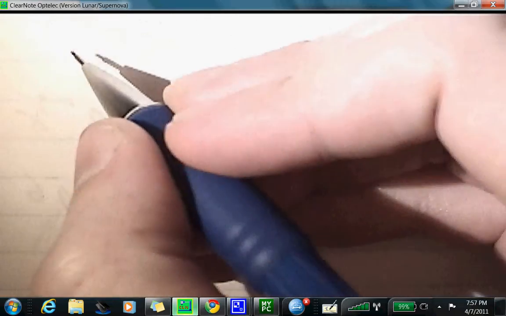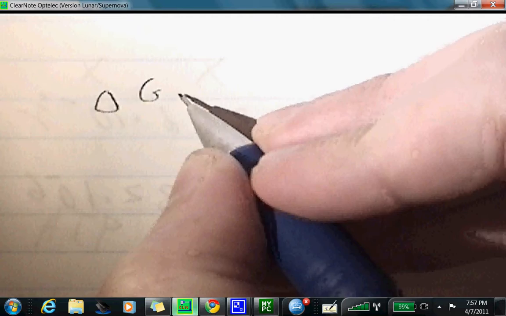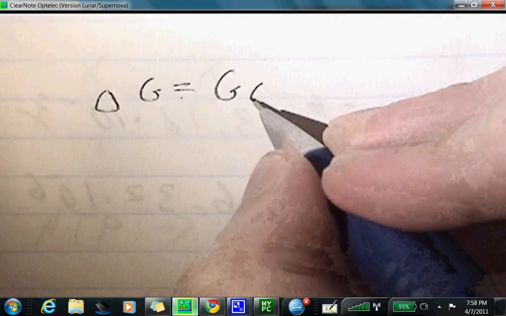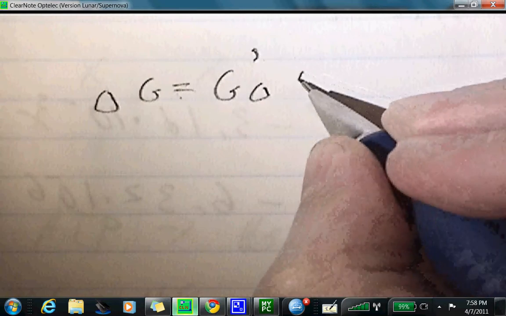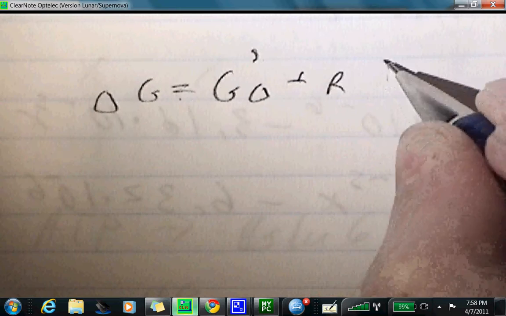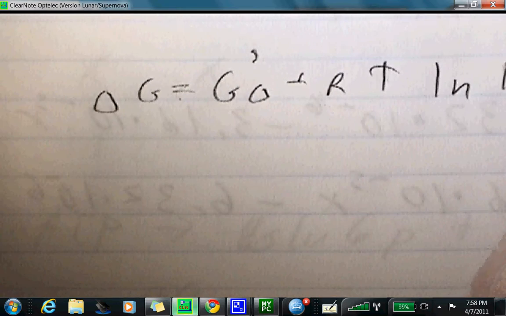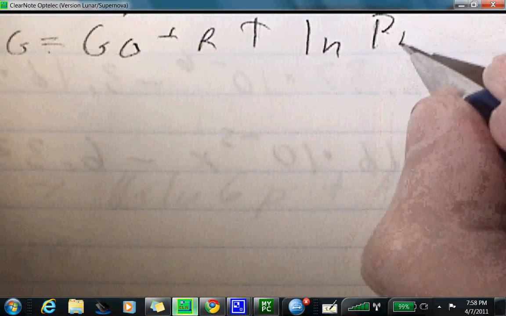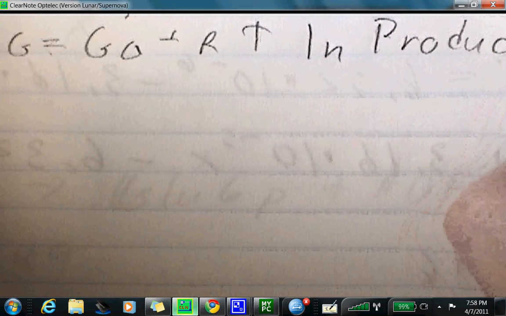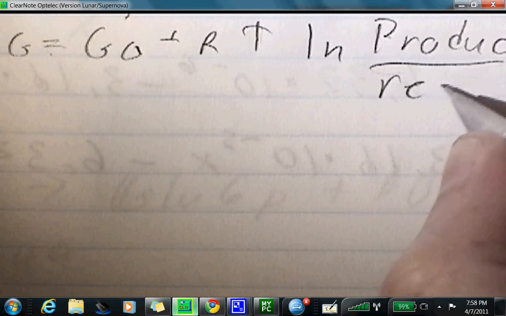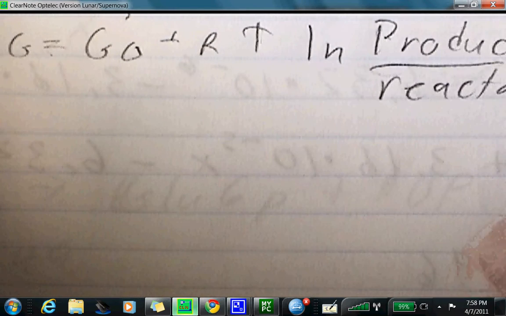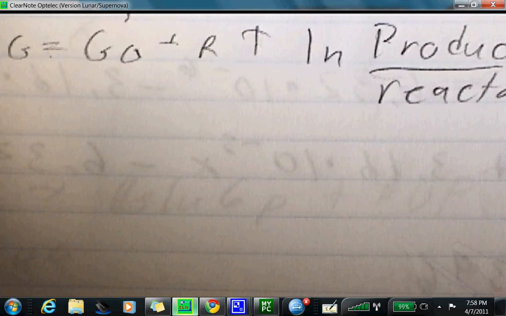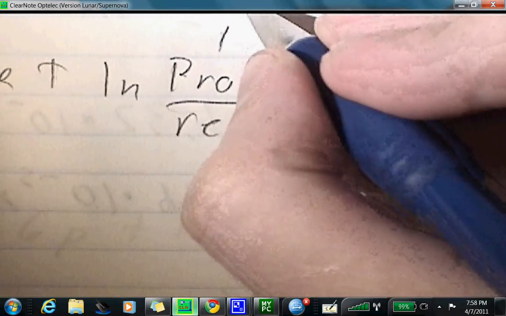So first let's write out our two equations. We're going to have delta G equals, and this is another way of saying the Keq.